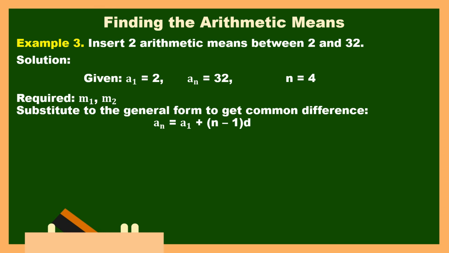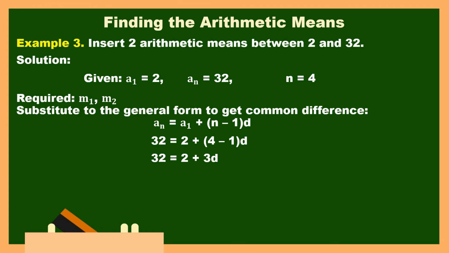So, i-substitute natin, magiging 32 equals 2 plus the quantity of 4 minus 1 times d. Then, 32 is equal to 2 plus 3d. Bakit naging 3d? Kasi nga 4 minus 1 is equal to 3. Then, times 3, 3 times d, kaya naging 3d.